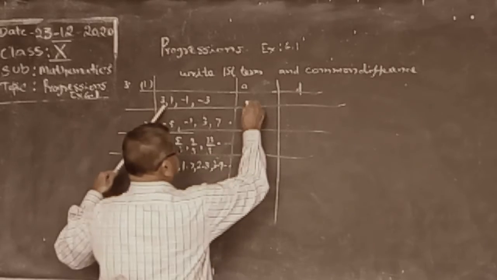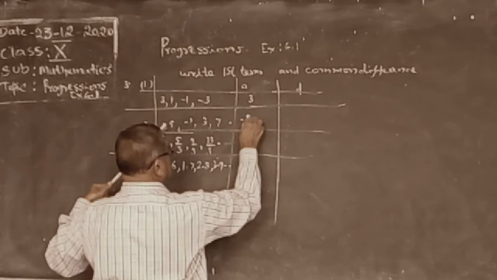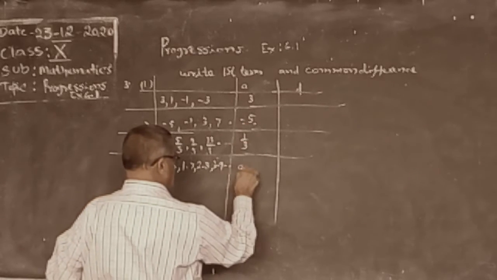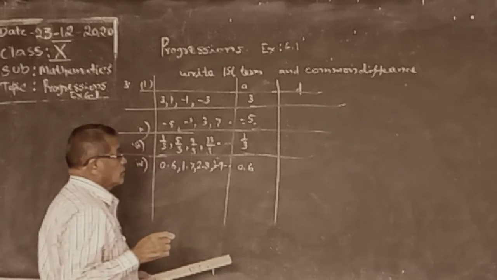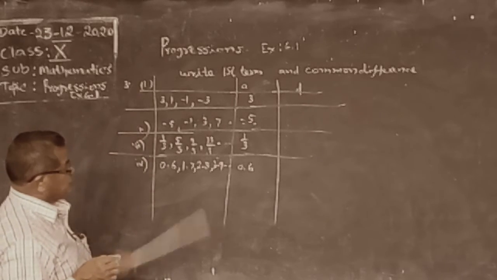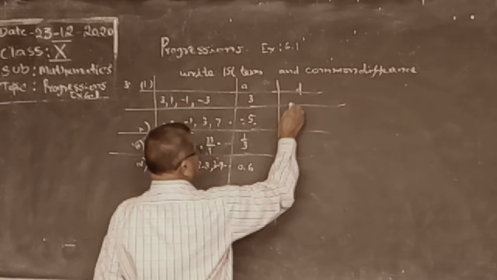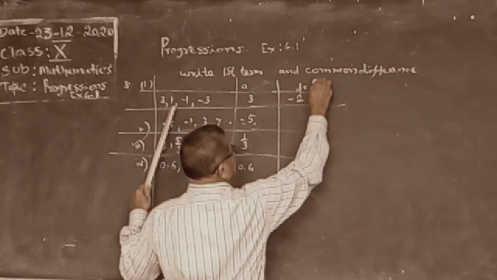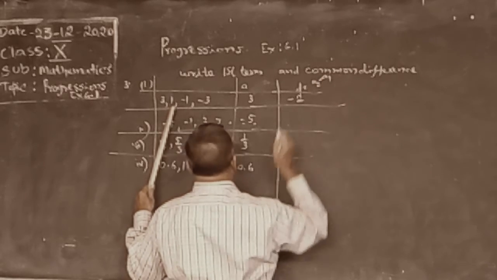First term 3. First term minus 5. First term 1 by 3. First term 0.6. Now the difference: second term minus first term. 1 minus 3 is minus 2. Second term a2 minus a1.